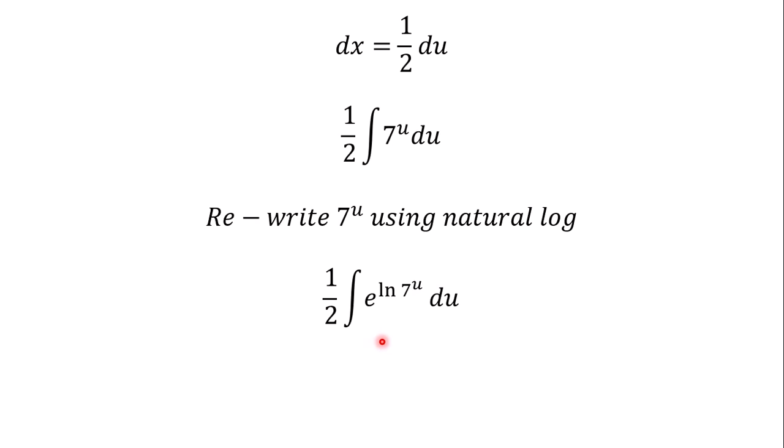So we are going to do another substitution. We will let m be equal to, because we have already used u, we are not going to use u again. Okay, so we are going to use another variable. So we will let m be equal to ln 7 raised to the power u.